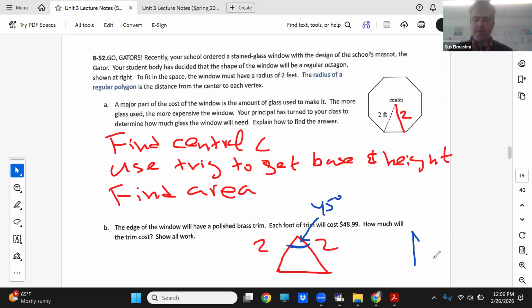So now I make a triangle like this. That's 2. What's half of 45? 22.5 degrees, right? And I'll call this x. How did I solve for x? Sine. Thank you.